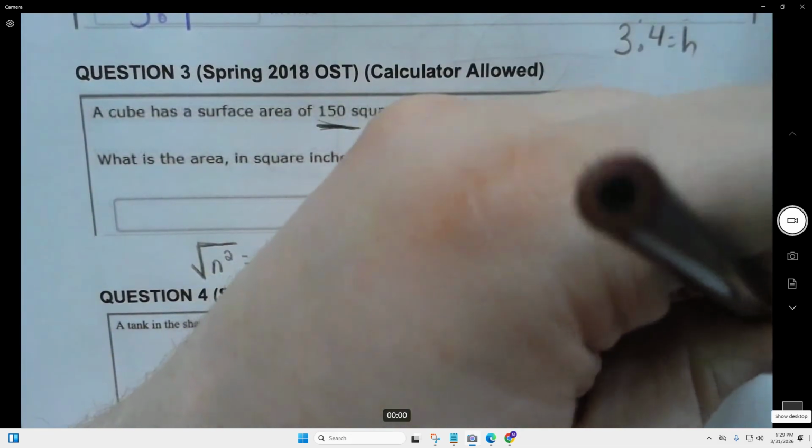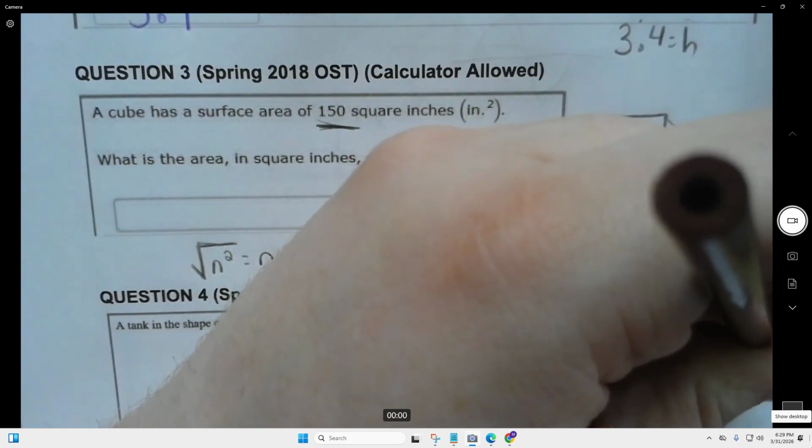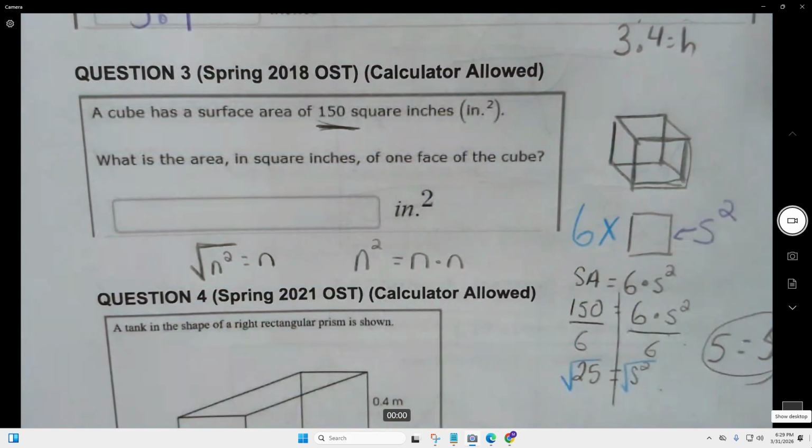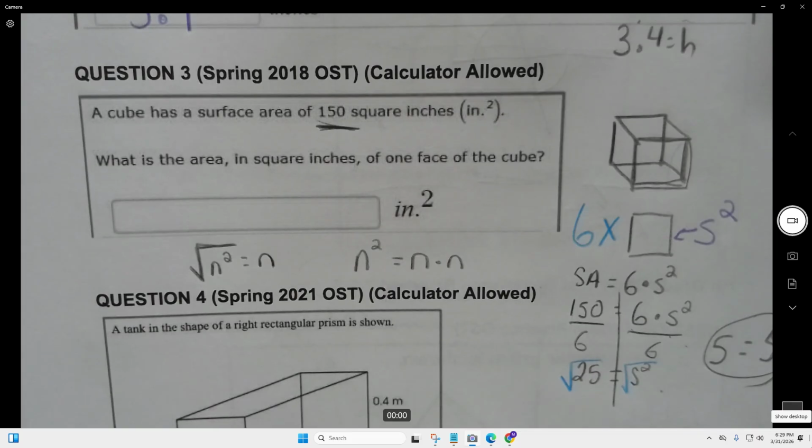Oh my goodness, I just realized this was a situation where I did not read the question.